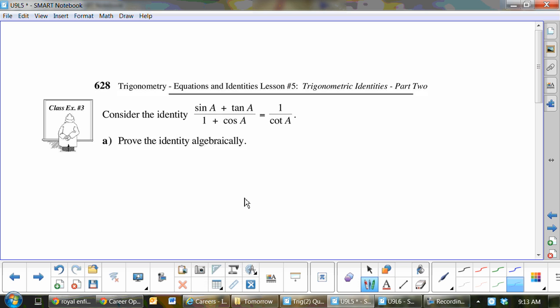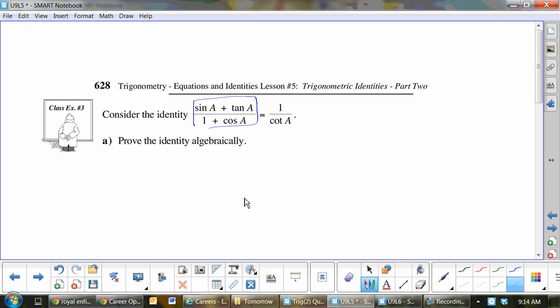Okay, so let's prove the identity. This one's pretty ugly. Okay, so let's work with the left side. I'm just going to work with this. I'm going to try to make it look like 1 over cotan A. Okay, yeah, let's do it.